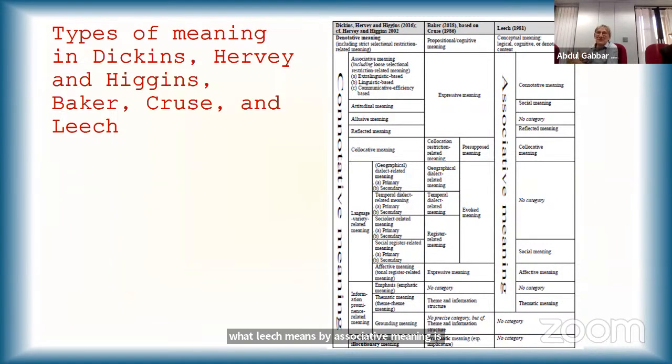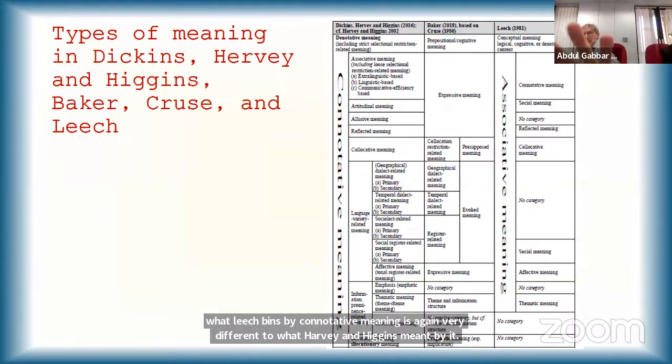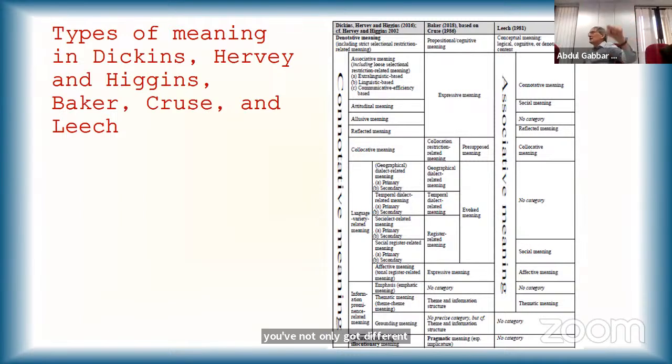And what Leach means by connotative meaning is again very different from what Harvey and Higgins mean by it. So you've not only got different typologies, different classifications, you've also got different terminology or the same terminology for different things, which is a problem in linguistics and also a problem that you'll have found, I suspect, in translation studies.